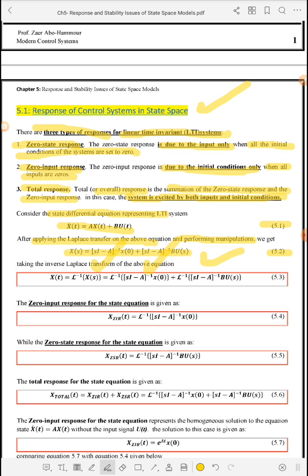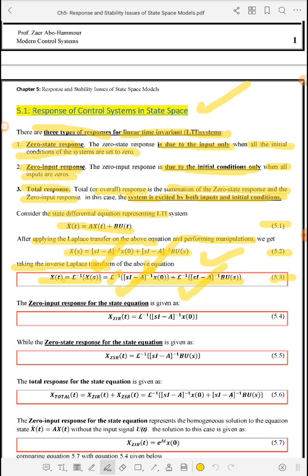So if we take the Laplace inverse of this equation, we will obtain equation 5.3, which is the time response of all states, which is equal to the Laplace inverse of the above mentioned equation, and we split this Laplace inverse into the first part and the second part.